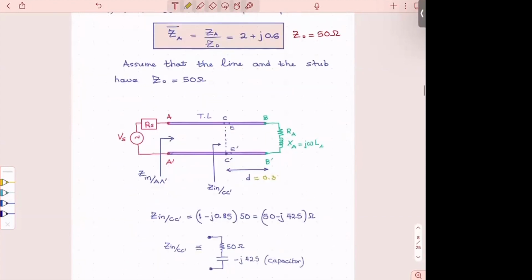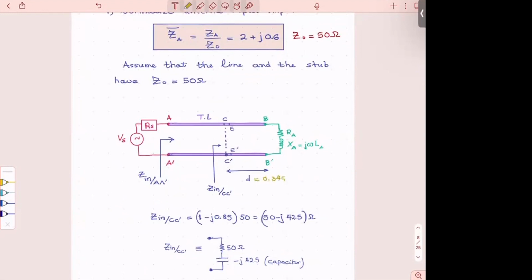Okay, thank you. 0.345 minus 0.222 lambda, which in fact is going to give me 3, 2, 1. It gives me a D equal to 0.123 lambda. So I found exactly the place where I'm going to start. Okay, with this one. Did I?